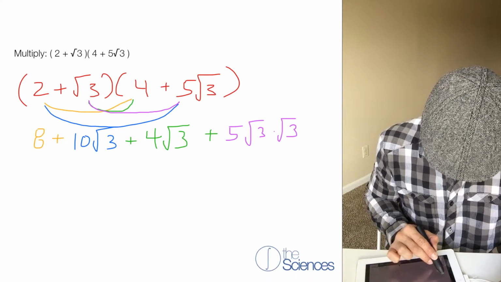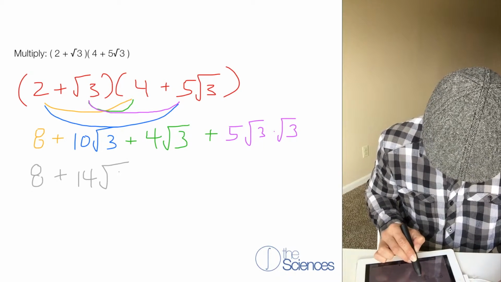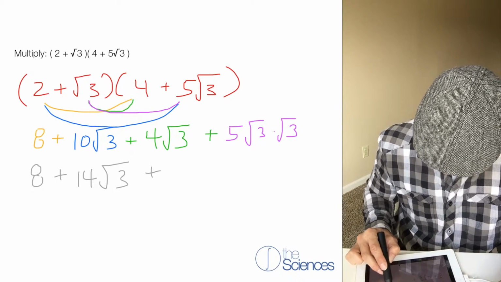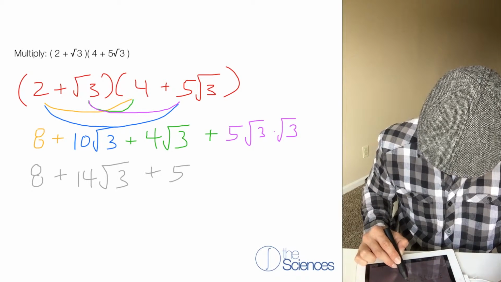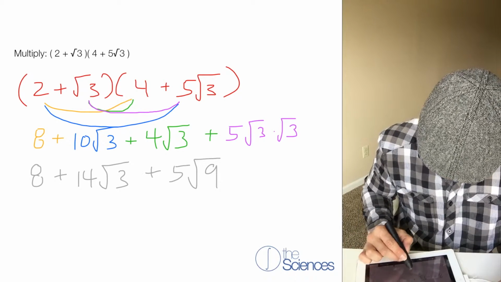So now we can simplify this into 8 plus 14 square root of 3 plus 5 square root of 9. And we know the square root of 9 is 3.